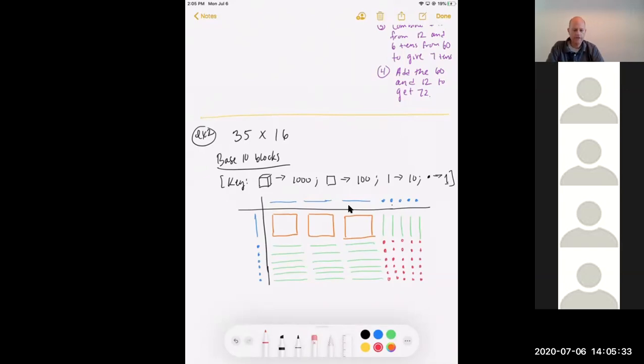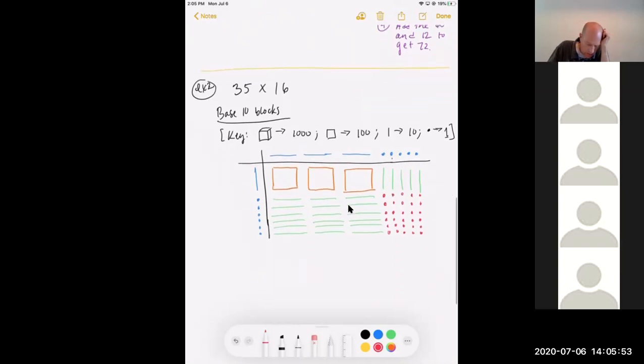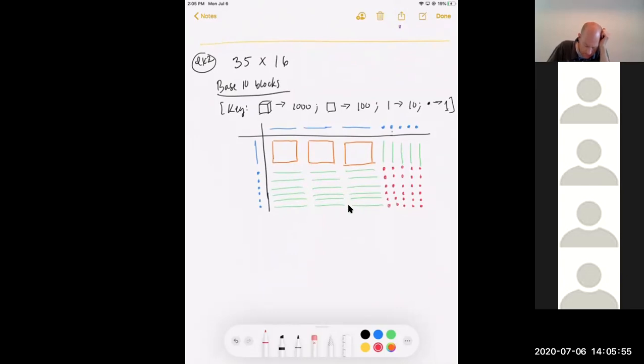Okay, so we got them all filled in, coming down and coming to the right. We need to group all our objects according to the base 10 rules and structure. But first, what did we do when we multiplied these together? Well, actually, we'll make that connection at the end. So we will group them according to base 10.